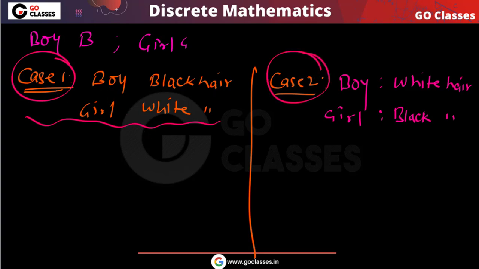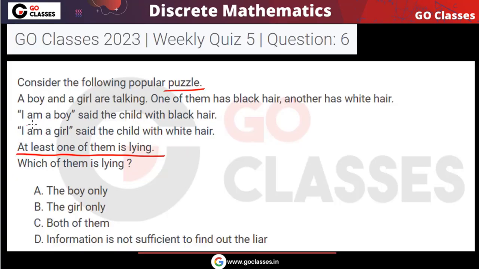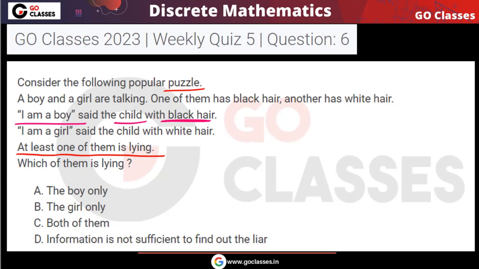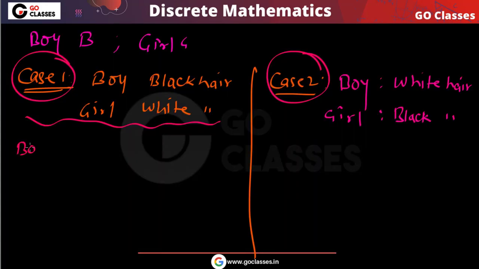Now in this case, the boy has black hair, and the child with black hair is saying I am a boy. So basically the boy is saying that I am a boy. Then definitely there is nothing wrong.